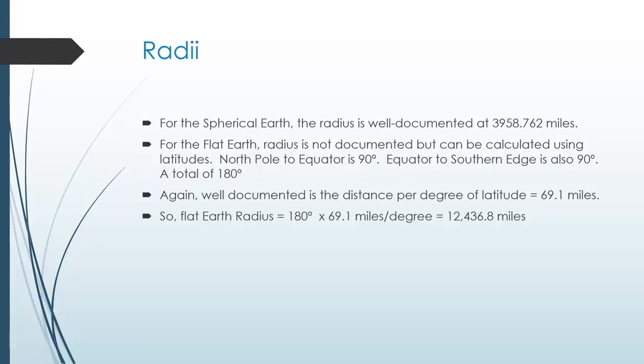If we assume that the distance per degree of latitude is 69.1 miles, again, you can look that up anywhere, we can calculate the flat Earth radius to be 180 degrees times 69.1 miles per degree, which gives us 12,436.8 miles.